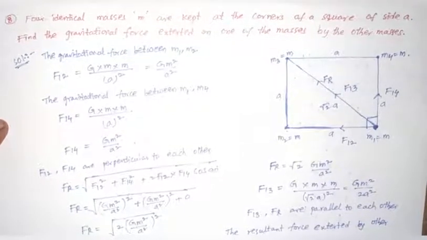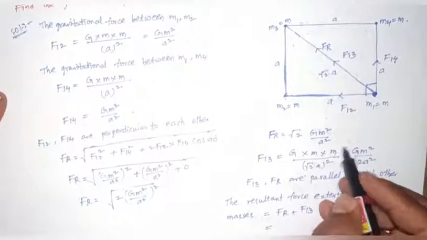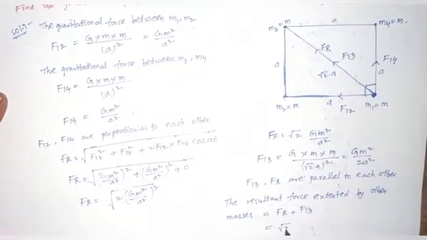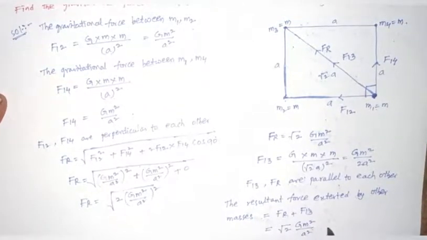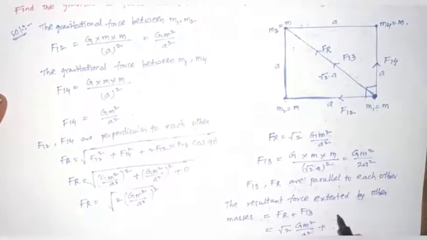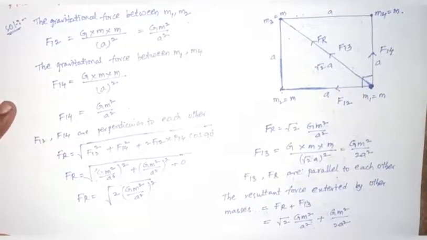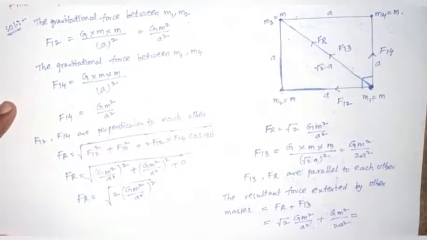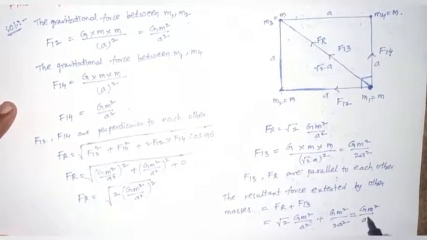So what is Fr? Fr equals root 2 G m square by a square, plus G m square by 2a square. So G m square by a square is common.